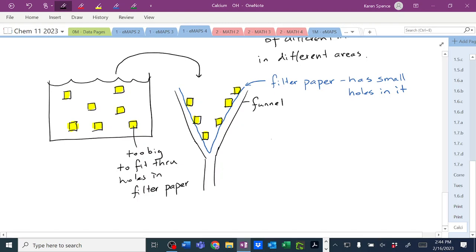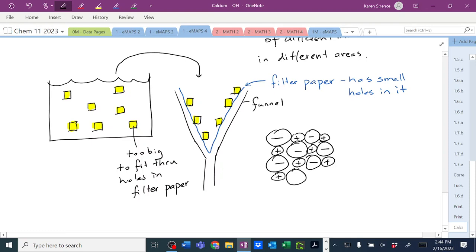But if you recall, we had these little circles. Don't forget that they actually represent, oops, that should be a negative. Whoops, negative, positive, negative, positive, and so on.